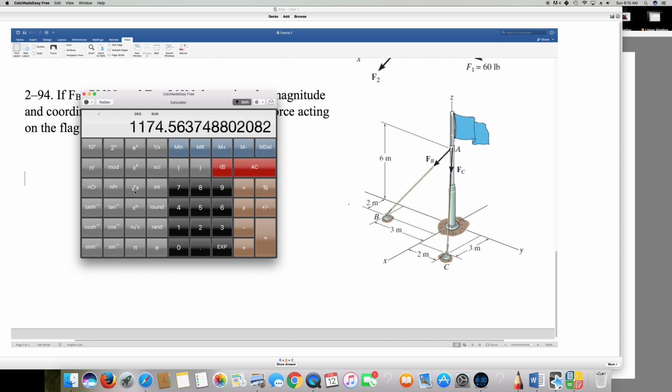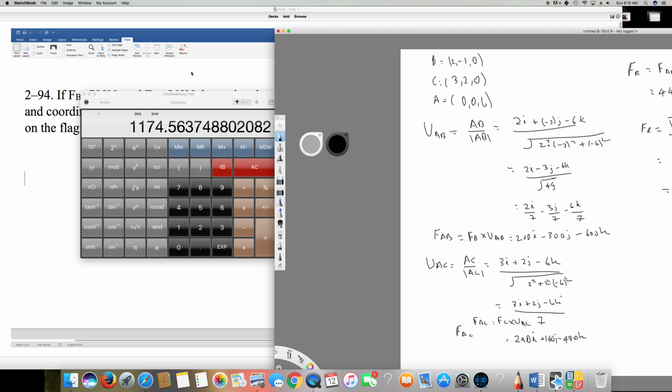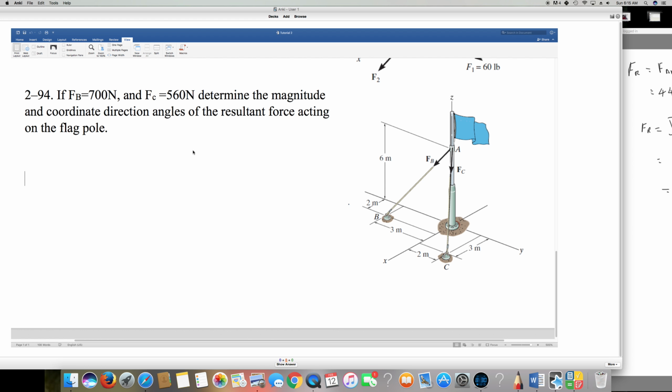If I square root this value, it's 1174.5 Newton. So this is my final answer, the resultant force, but we are not done yet.